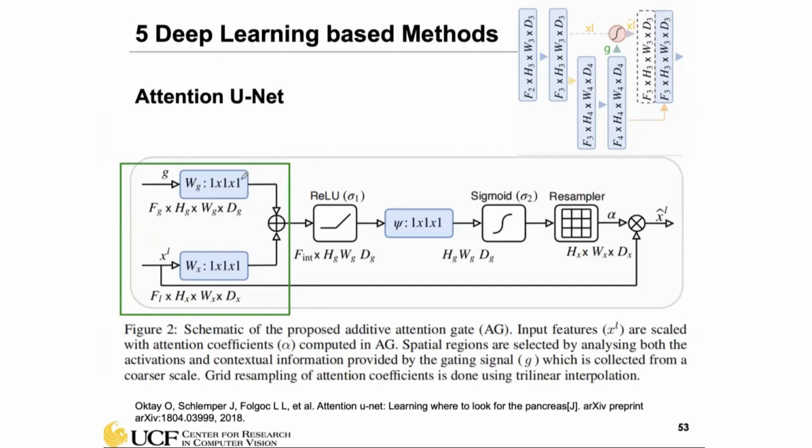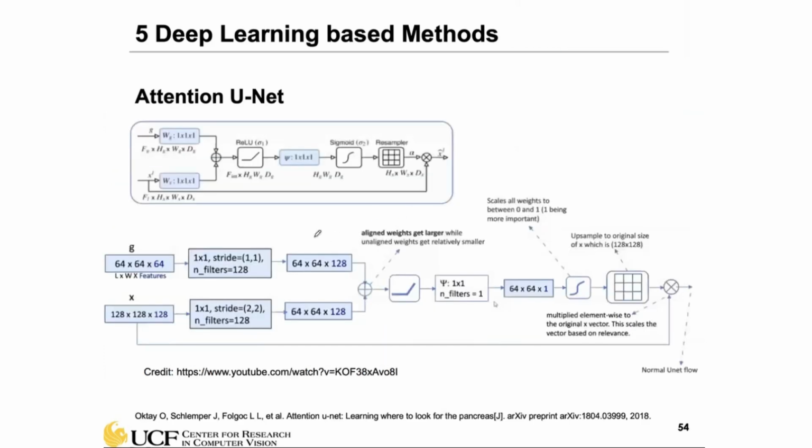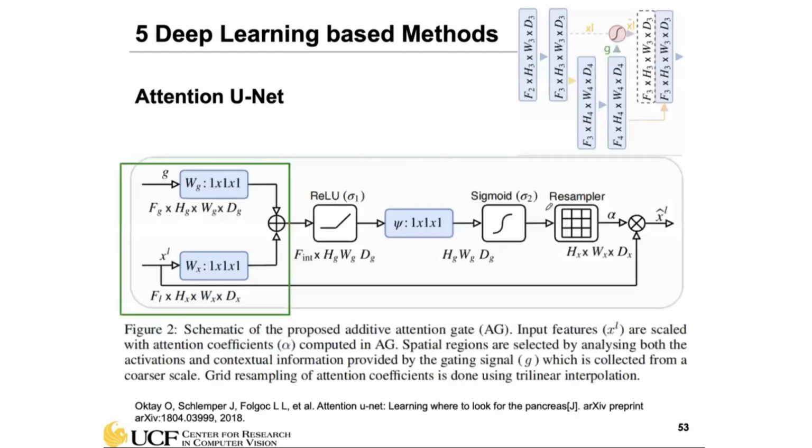What is the structure of this attention gate? Maybe we can use a concrete example to go through this attention gate and see how the attention weights are computed and how they are used to weigh the pixels from the feature maps from the encoder.